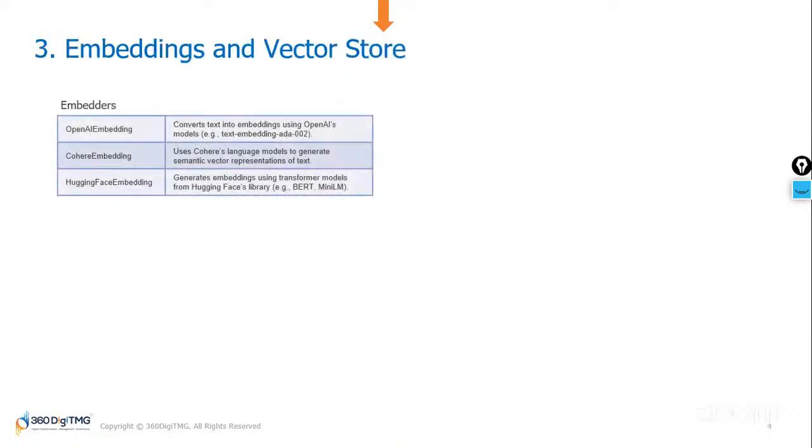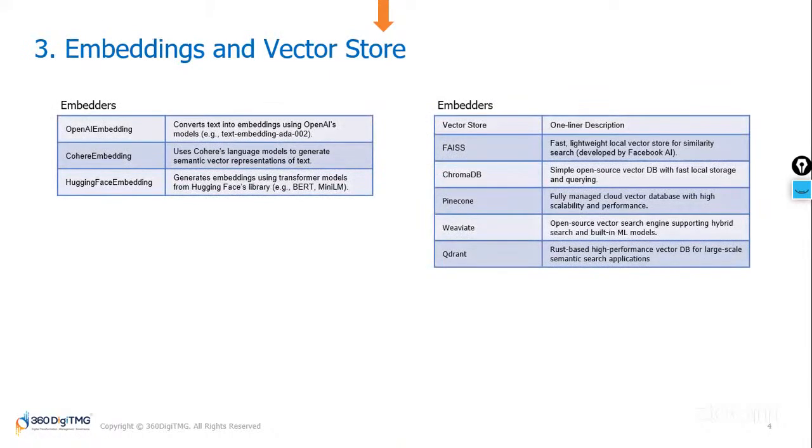Now, to make this data searchable by AI models, we need to convert these chunks into numerical vectors, because obviously AI models do not understand simple English language. So we need to convert these text chunks into numerical vectors.